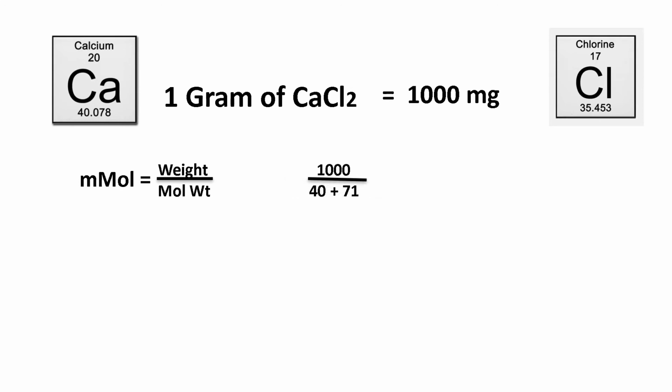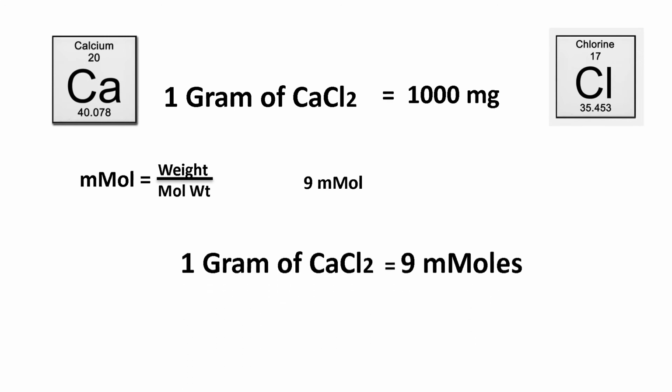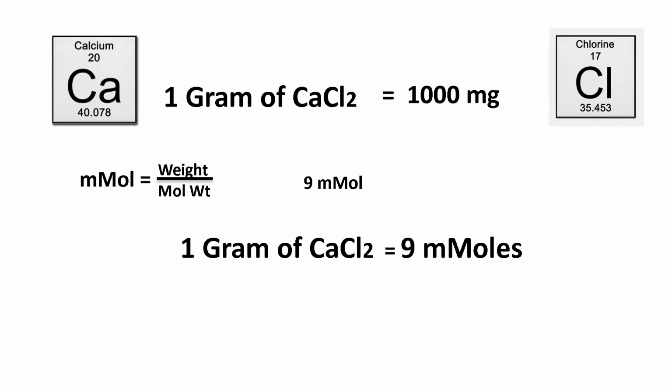Now when we simplify this, we get a value of 9 millimoles. So, 1 gram of calcium chloride is equal to 9 millimoles.